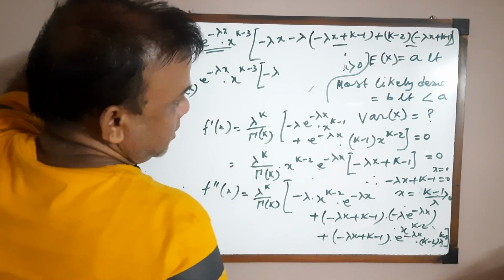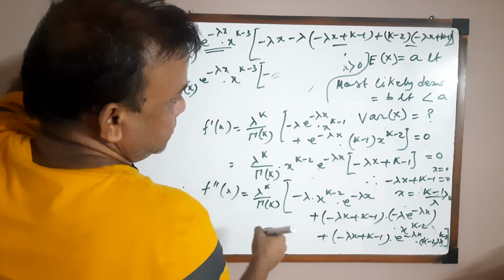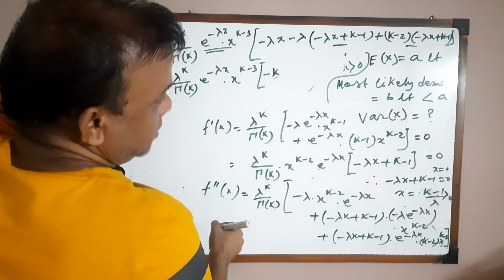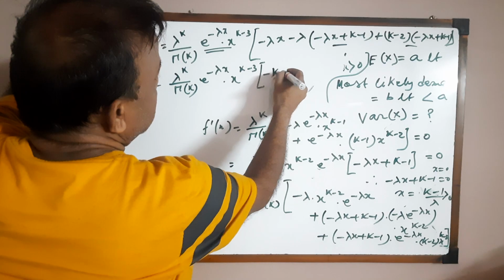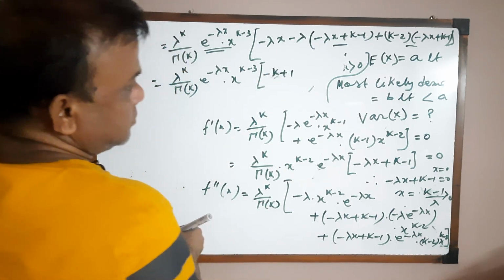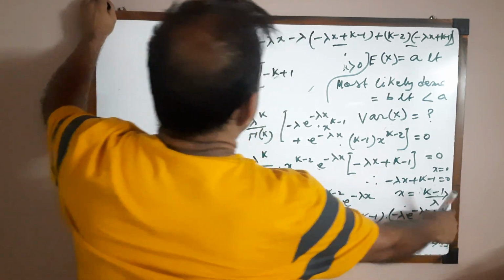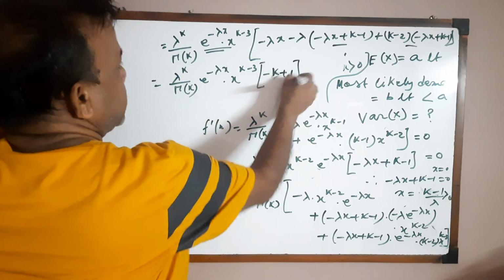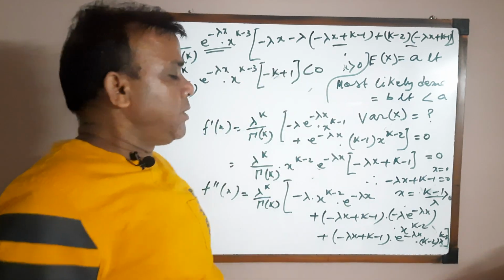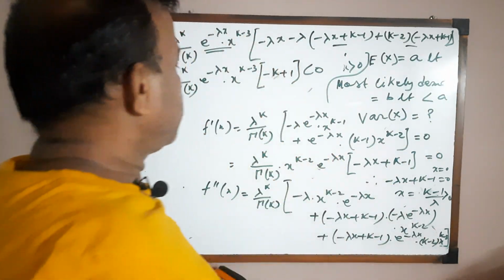That means minus lambda x, lambda x minus k plus 1. K must be greater than 1, therefore it will be less than 0. Therefore f(x) has maximum value, and the value of x will be the most likely demand.